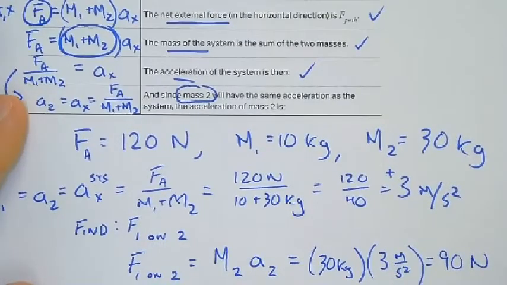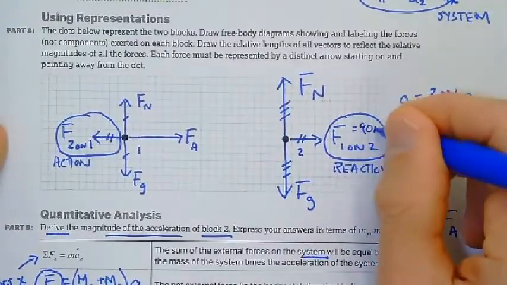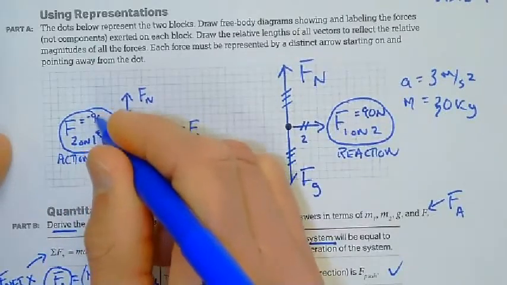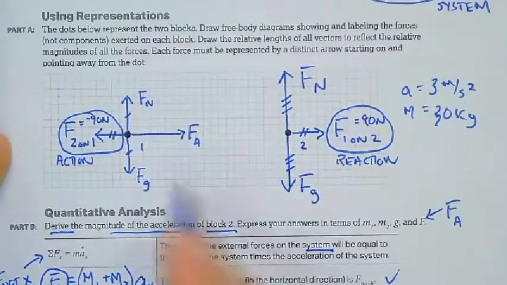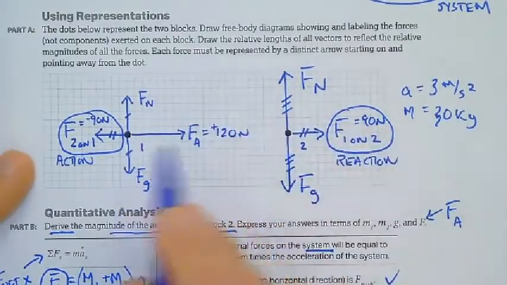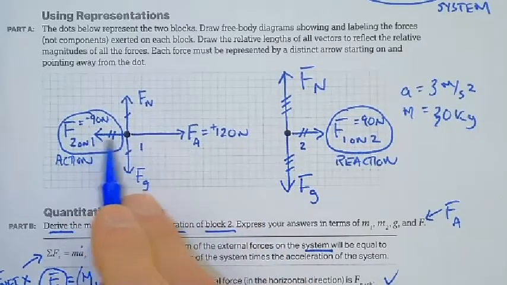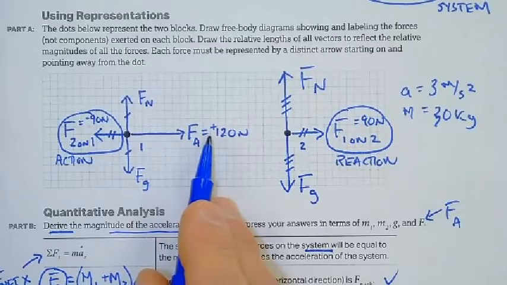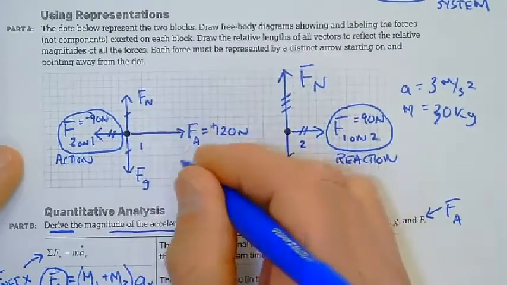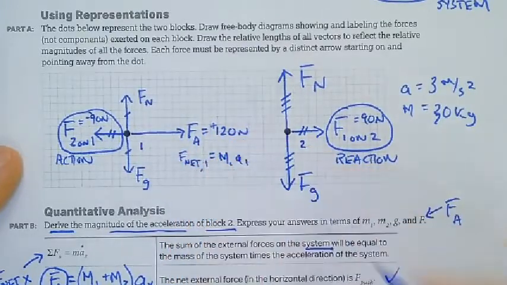So what's interesting about that is if you go back, right, and you say, okay, that's 90, right? This is 90. And you say, all right, well, if that's 90, then this must be like negative 90, right? Because it's going the other way. And then you say, well, the applied force was positive 120 newtons. And this makes sense, right? At least it's reasonable that my 120 is a larger force than my 90. And so the 120 is going to win. By the way, subtract those two, right? So if you do F net on 1, let's see if that works.